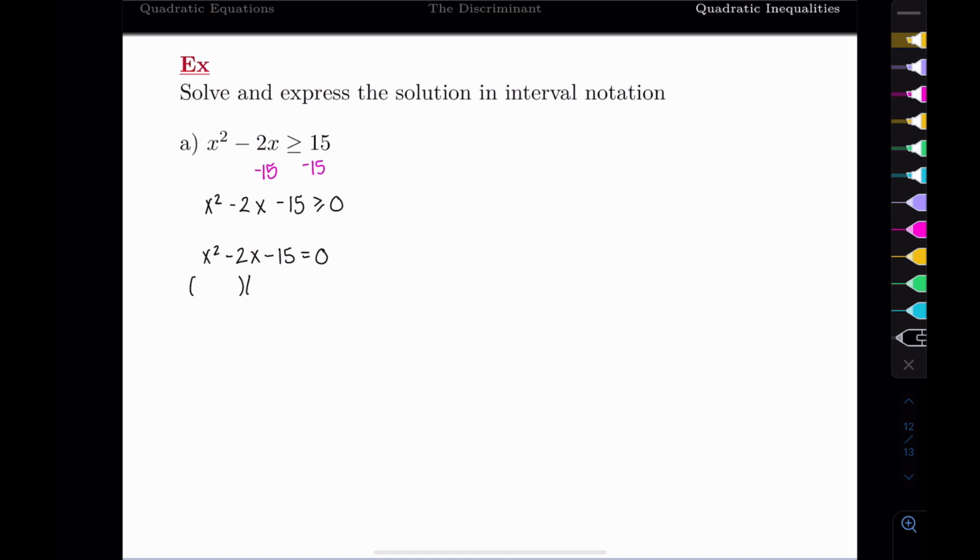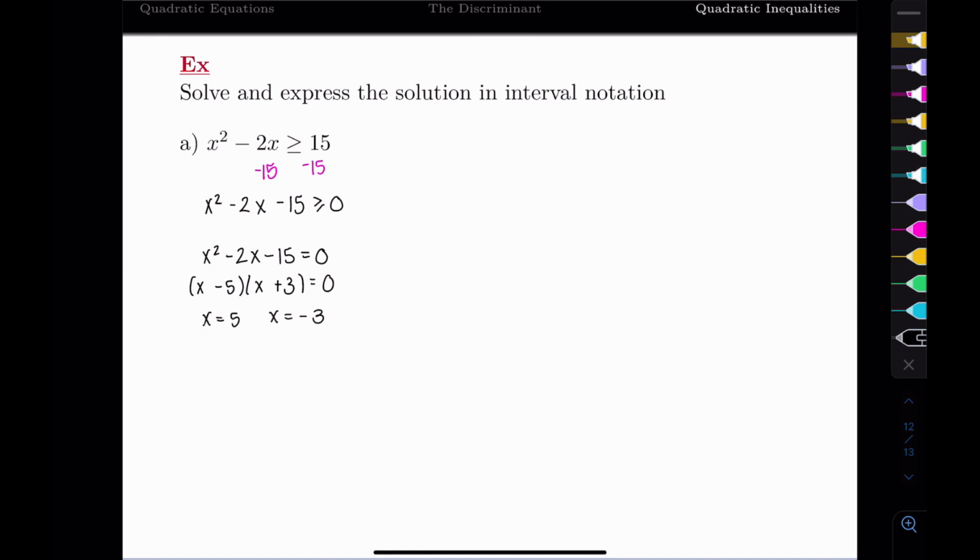As a key tip, this should always factor because you have to do interval testing. So x and x give us x squared. To get to negative 15, we can do negative 5 and positive 3. You can check the outer and inner give us what we want. So we end up with two important numbers, positive 5 and negative 3.